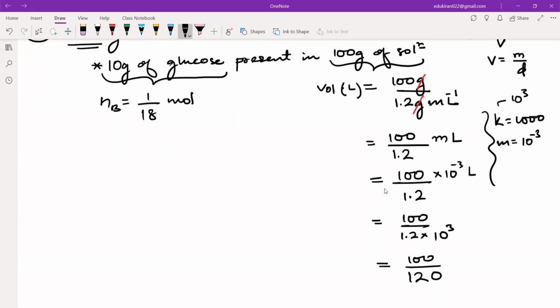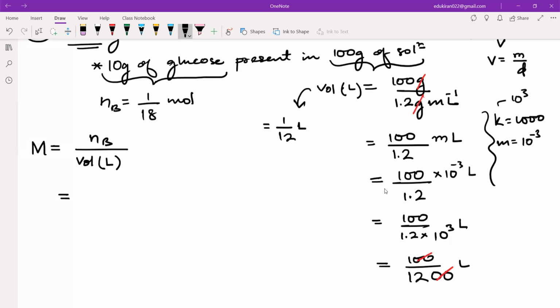So this is 100, 1, 2, and there will be one more zero. Now we have liter here, liter here. So volume of solution has come up to be 1/12 liters. Now you can easily calculate the molarity, which will be equal to the number of moles of solute divided by the volume of solution in liters.